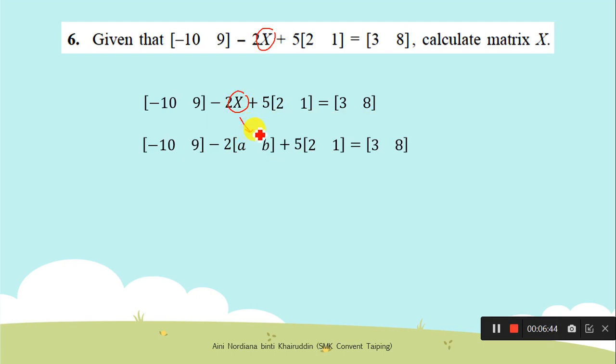So, I write it as matrix AB. The elements in this matrix are A and B. So, in order to perform a subtraction or addition, the order must be the same. So, that's why I use a 1 by 2 matrix for X.